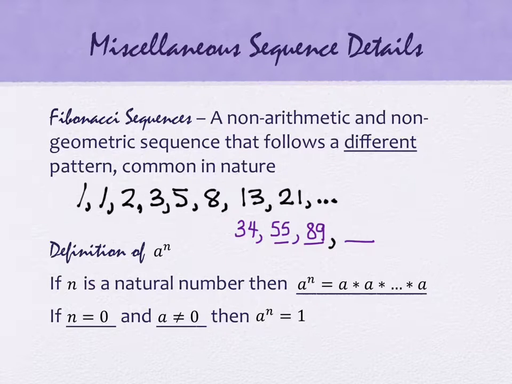Okay, so every time I teach this, I always feel like this is the bizarrest place to put this, but I need it in a minute, and I want to make sure everybody remembers it, okay? So this is the definition of powers. The definition of a to the n: if n is a natural number, then a to the n is a times a times a times a, and so on, n times.